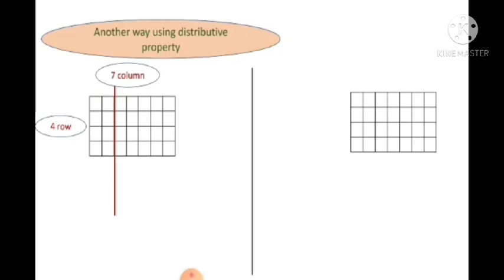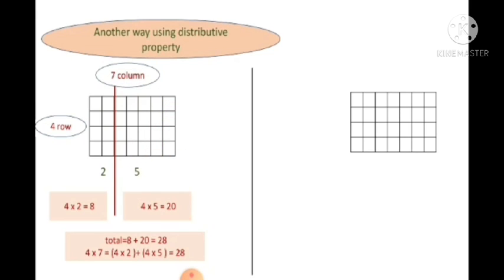First, 4 rows and 2 columns. Second, 4 rows and 5 columns. The area of the first shape, 4 times 2 equals 8. And the second shape, 4 times 5 equals 20. Total equals 8 plus 20 equals 28.